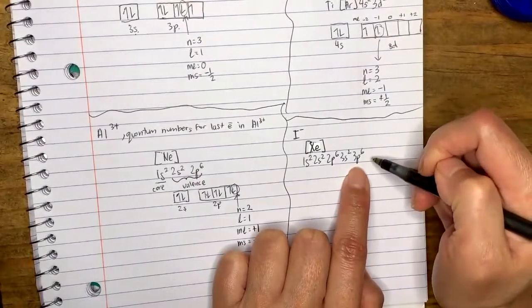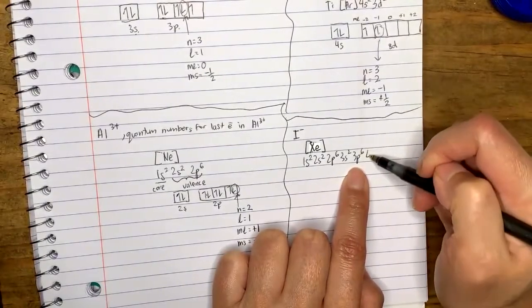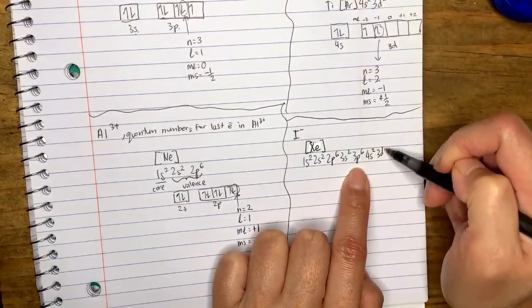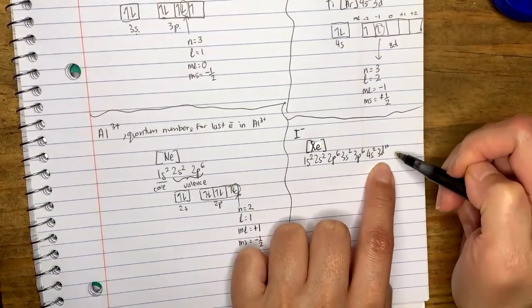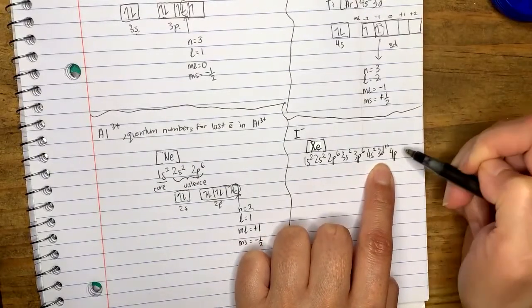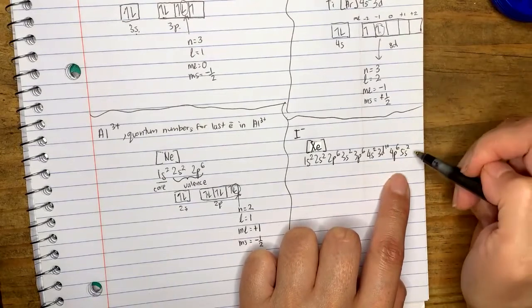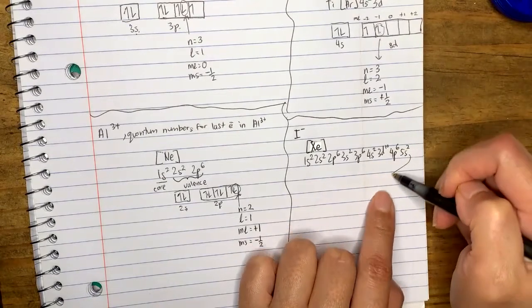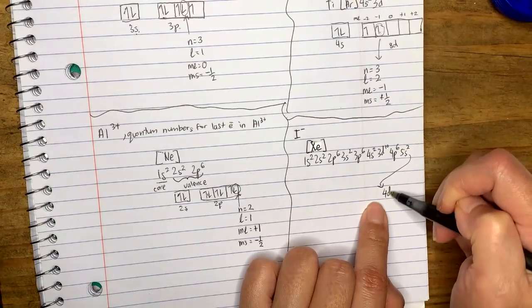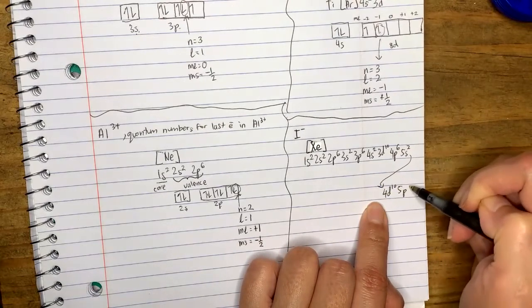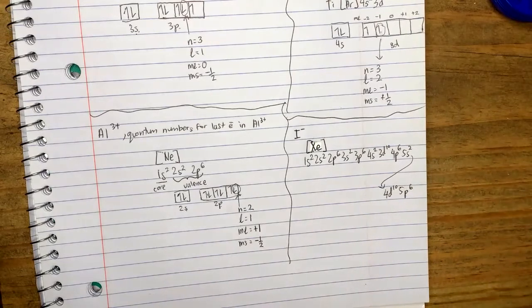So 3p, and then 4s2, and then 3d10, and then after 3d, we go back to 4p6, and then 5s2. Ooh, running out of space. Continue down here, 4d10, and then 5p6. So that's all the electrons in there.